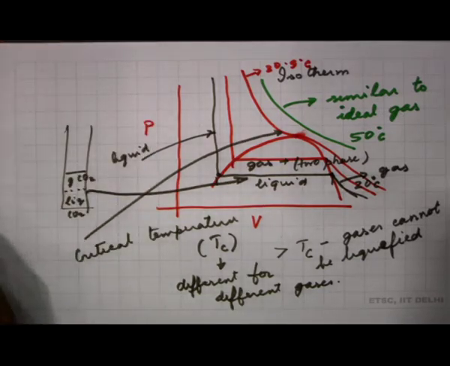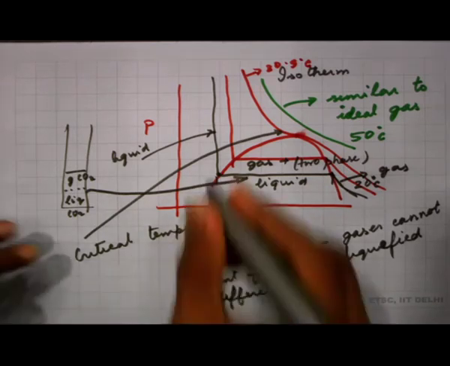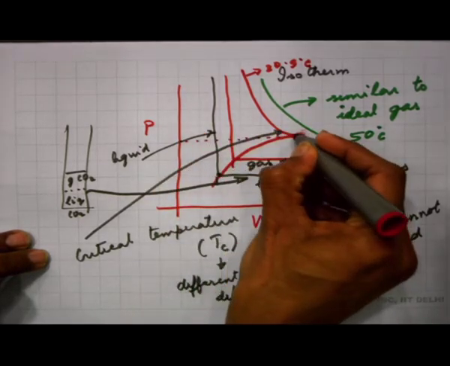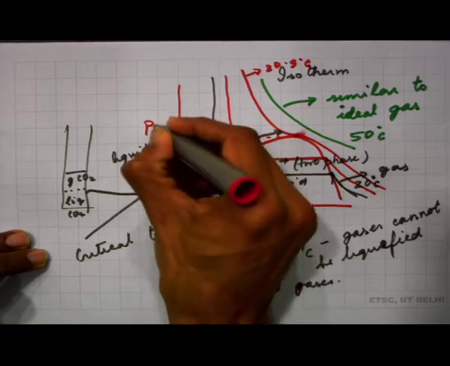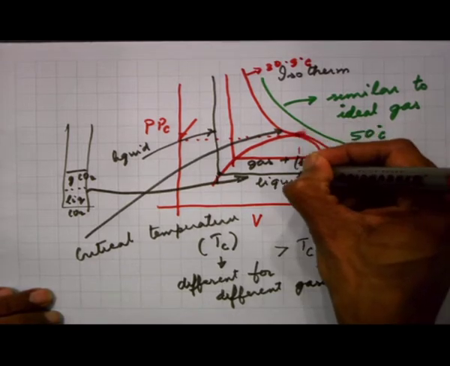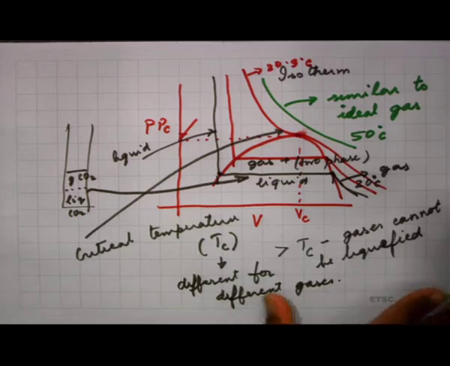So, for different gases, you are going to have different values of the temperature, and the pressure at which this happens. So, this pressure here where this happens is called P sub C, which is the critical pressure, and this volume is called the critical volume. So, now what are we saying?